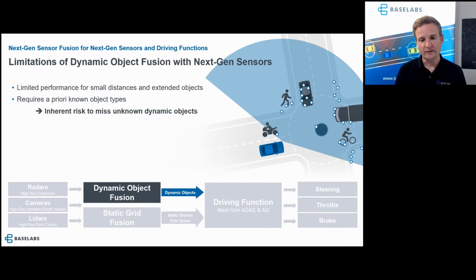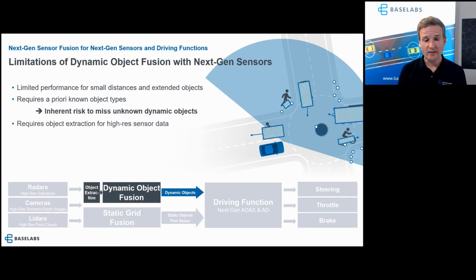Another property of dynamic object fusion is that once you want to use that with high resolution sensors, then you need an extra step before the actual fusion, which I would like to call object extraction in this presentation. So you put in high resolution sensor data on the one side and you get out extracted objects from such an algorithm.